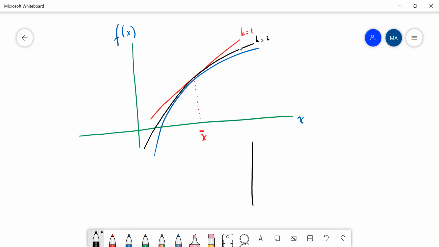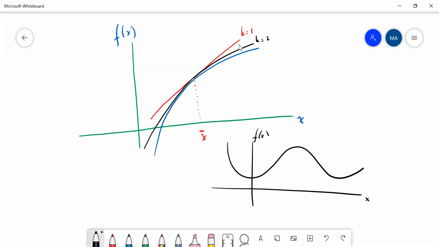You might have different types of examples. Imagine that you have this function, f of x. Let's say you choose this point. Now, of course, at this point, if you take a linear approximation, you have something like that. Not very good.